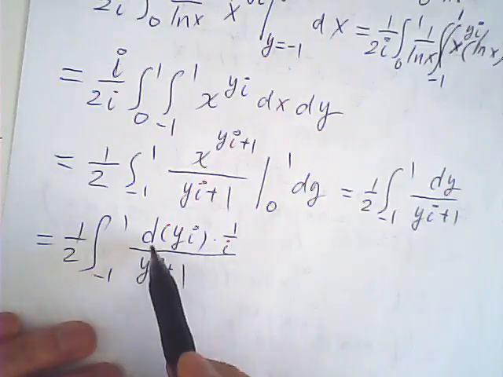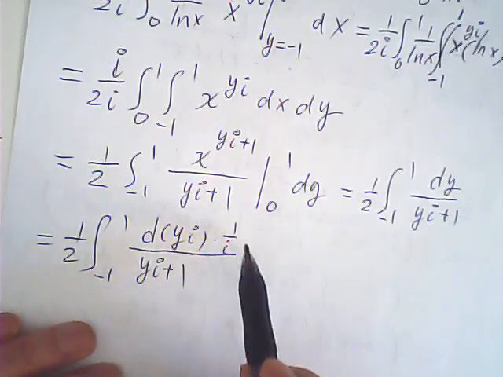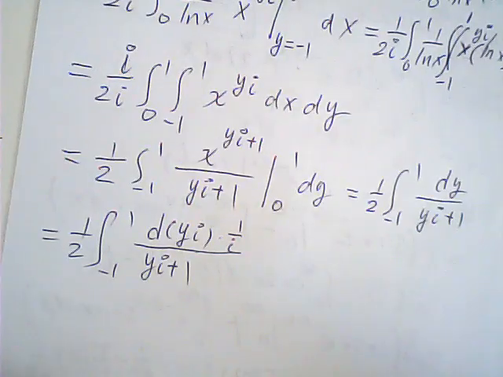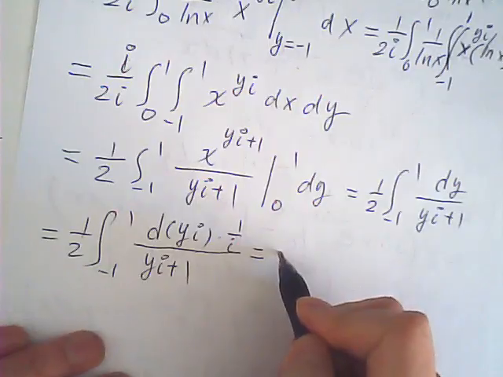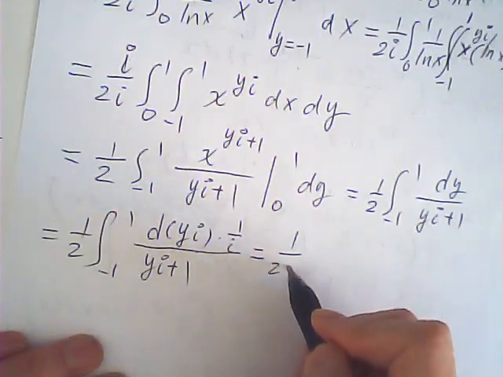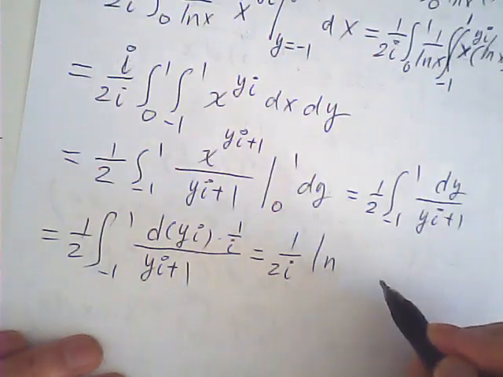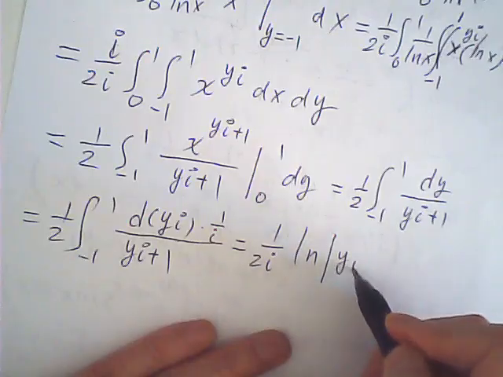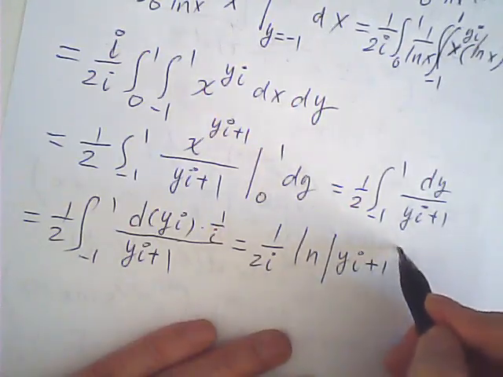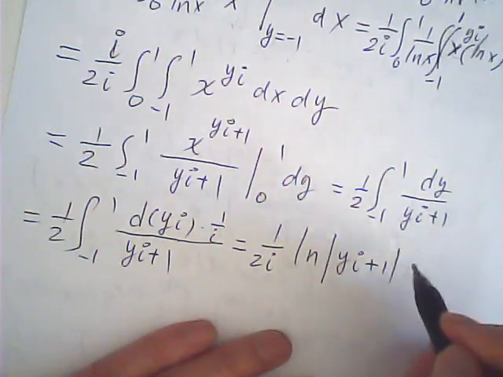So this is the same thing as dy. So it becomes 1 over 2i, log of y plus 1.